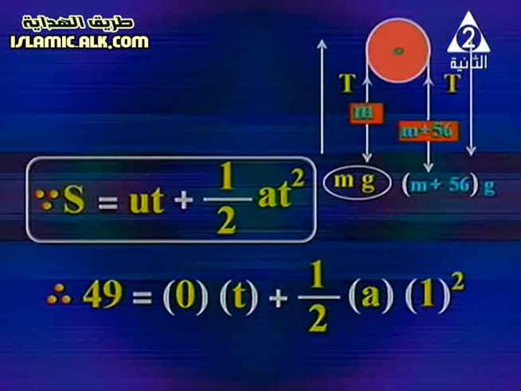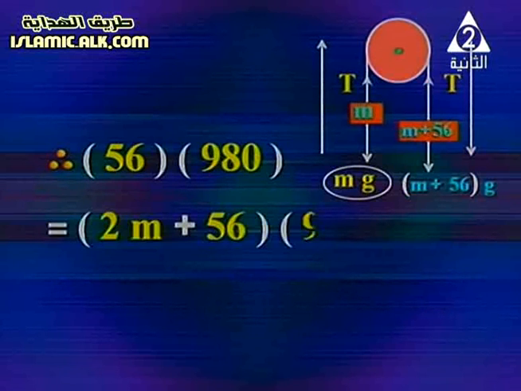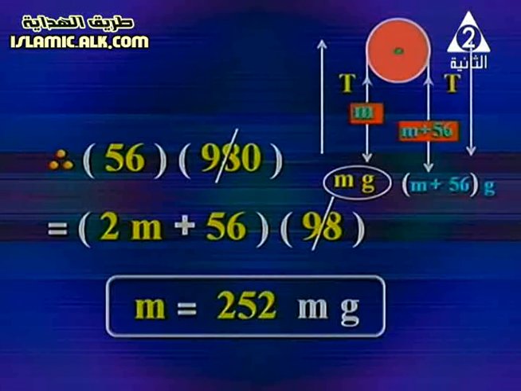To find the value of acceleration, by substitution 56 multiplied by 980 equals (2m plus 56) times 98. Then the value of m equals 252 gram mass.